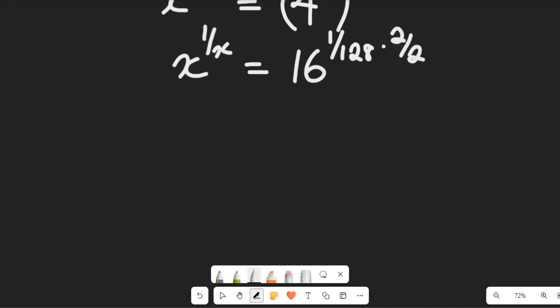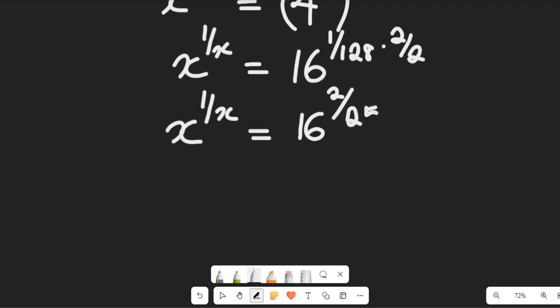If I simplify further, I'm still multiplying here by 2 divided by 2. I've not changed anything, and that expression will now give me x to the power of 1 divided by x equal to 16 to the power of 2 divided by 128 multiplied by 2, which is going to give me 256, right? 2 times 2 is 4, 4 plus 1 is 5, then 2 times 1 is 2.